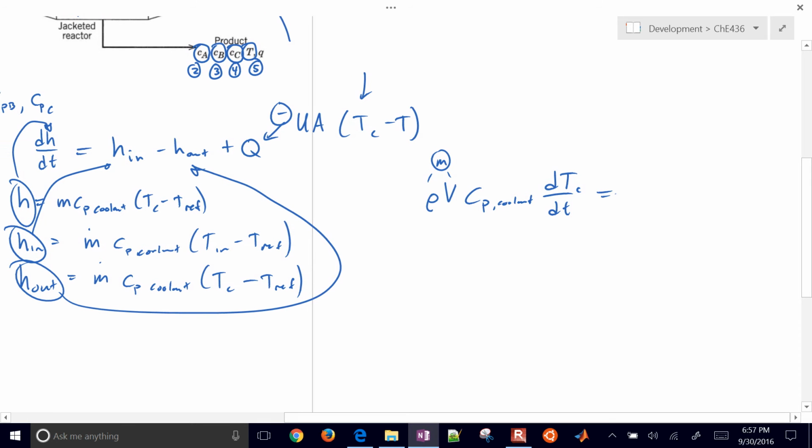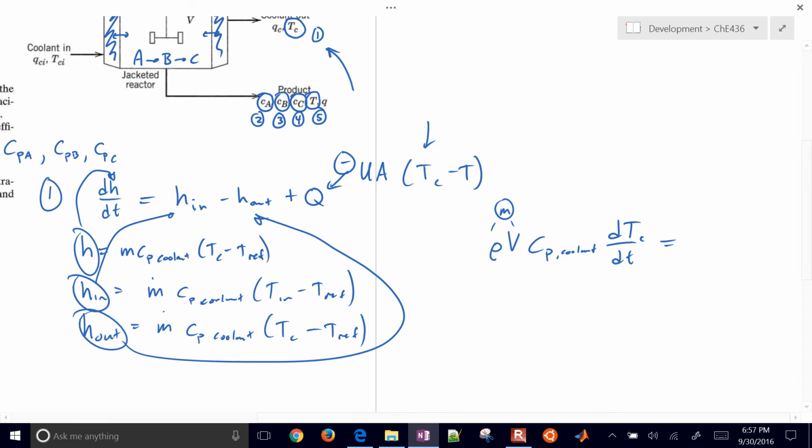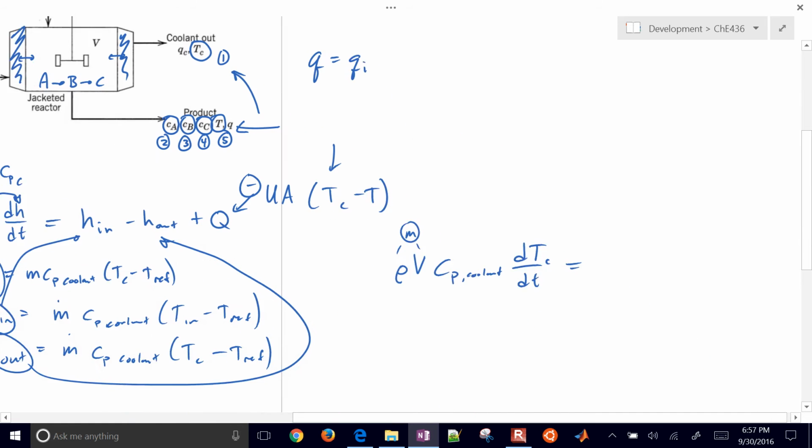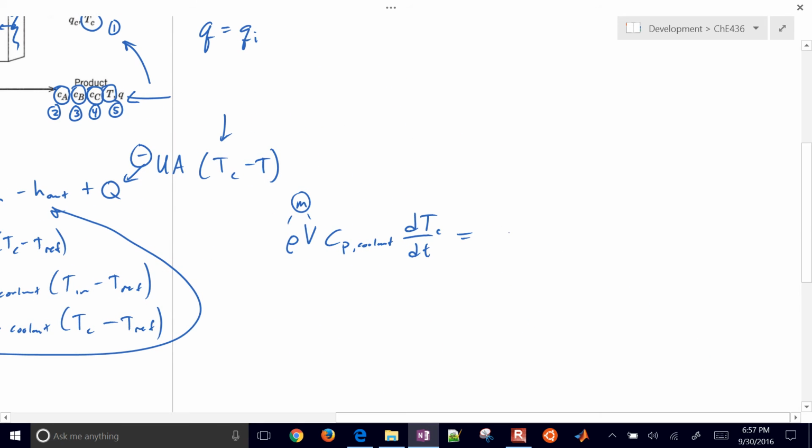And then let's go ahead and just do the mass flow rate. So we have a volumetric flow rate here, which is Q. And so let's just assume that Q equals Q in. It's just going to be a liquid full system. And so that's going to be density times Q.